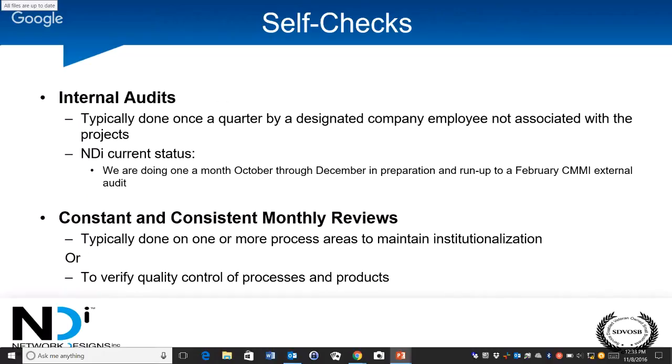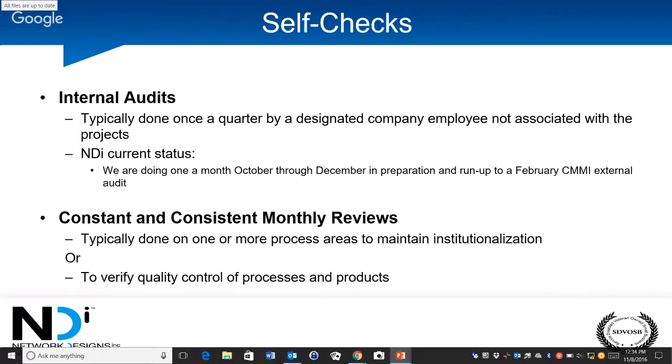So in addition to that, how else do we go about doing self-checks? Well, we can constantly and consistently do monthly reviews. Typically, these are done on one or more process areas to maintain institutionalization or to verify quality control of processes and products. So in other words, we look at 6 process areas as a company.